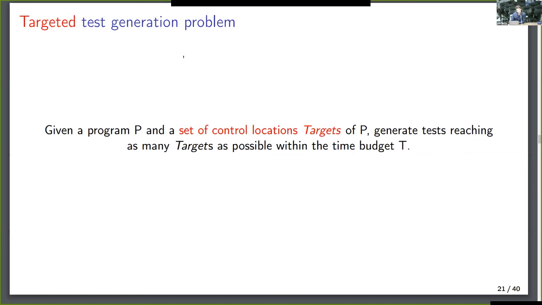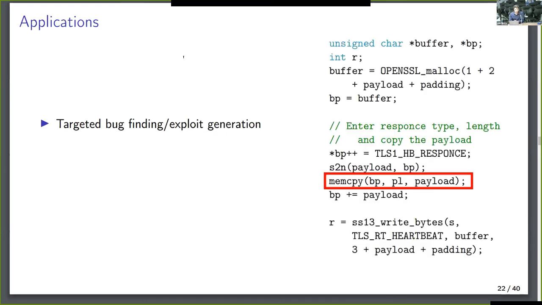But actually it turns out that it is not so well investigated a problem in the literature yet. But still it is very important because it has some interesting applications. For instance, here we might notice this suspicious pattern in the code, and we might ask to infer the branch where something bad happens.